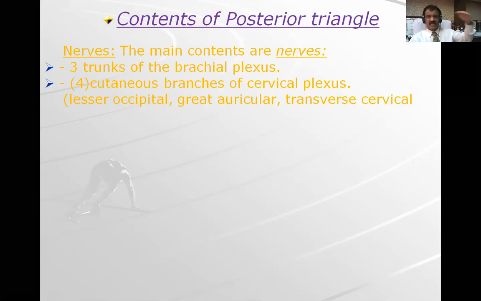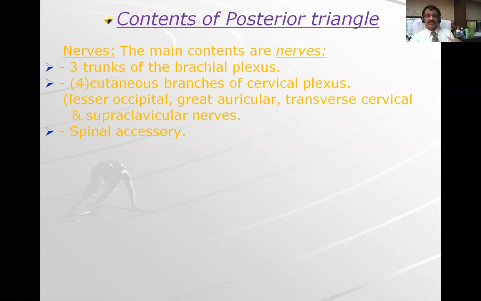Those cutaneous branches of the cervical plexus are the lesser occipital nerve, greater auricular nerve, transverse cervical nerve, and supraclavicular nerves. These are the four cutaneous branches of the cervical plexus.